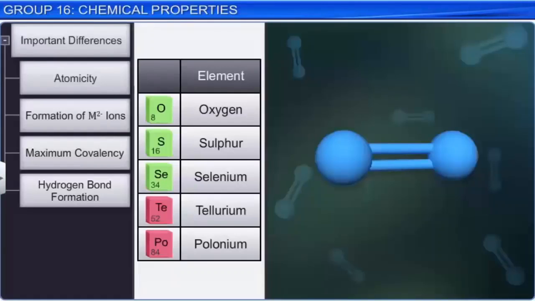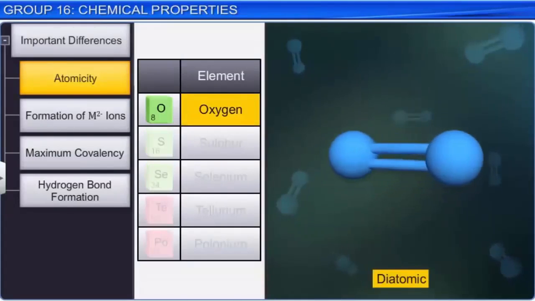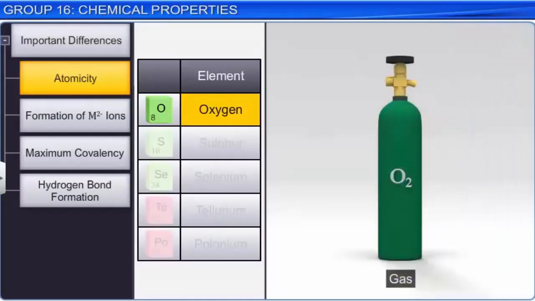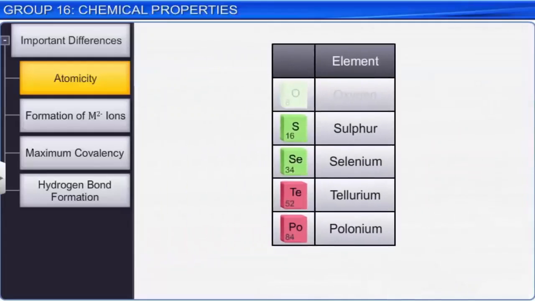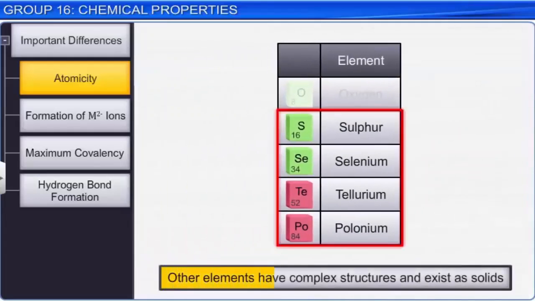The important differences are: atomicity. Oxygen is diatomic and gaseous, while the other elements have complex structures and hence exist as solids.